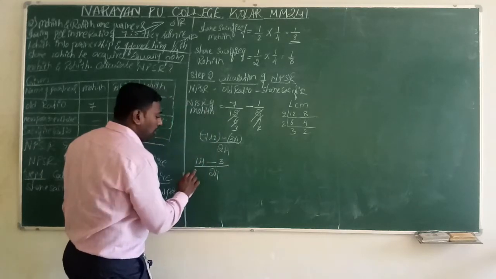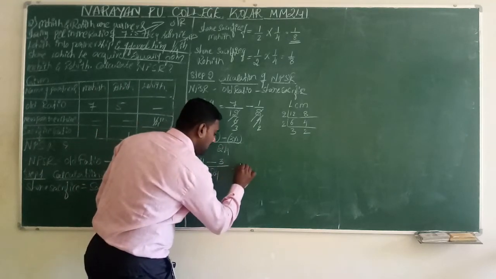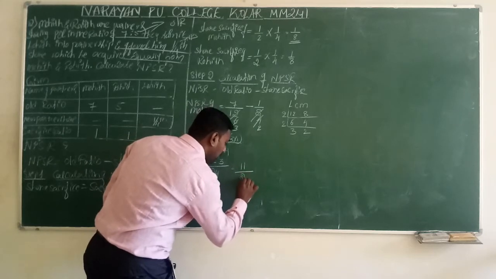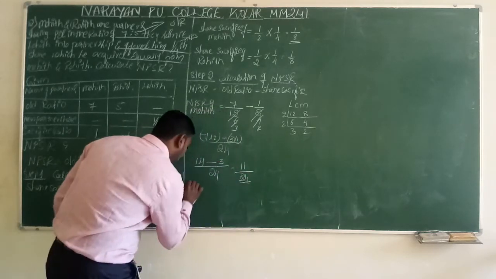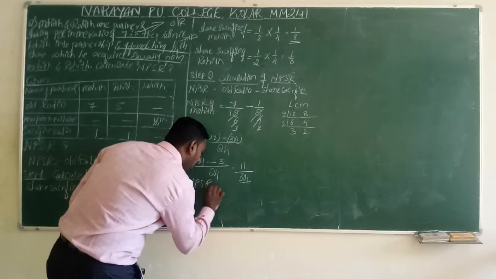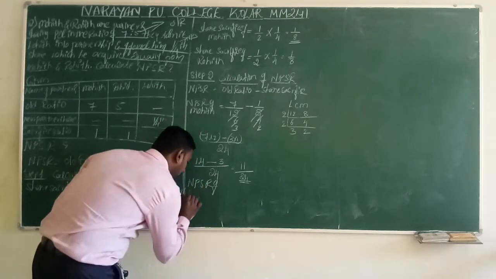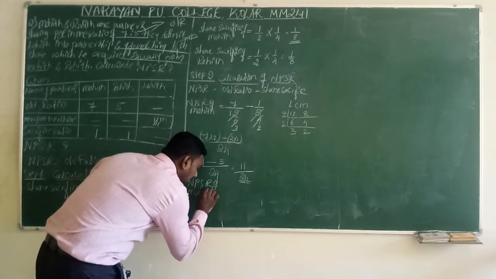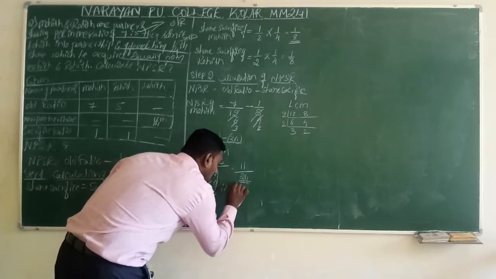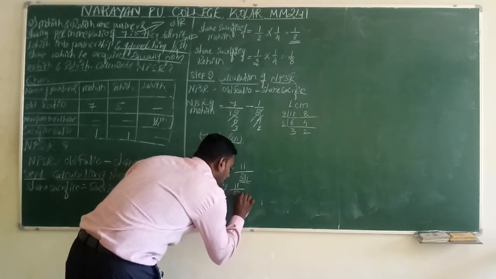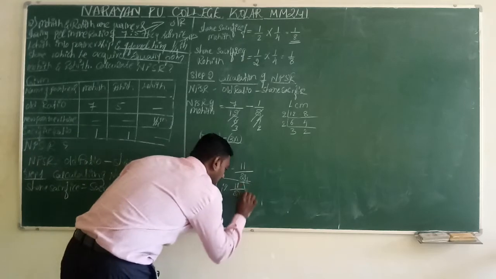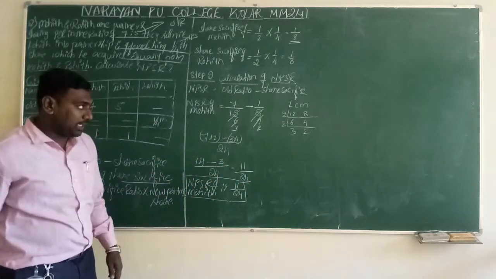We get 14 minus 3, that is 11 divided by 24. The NPSR of the first partner Mohit is 11 divided by 24.